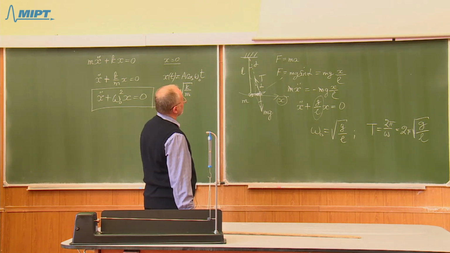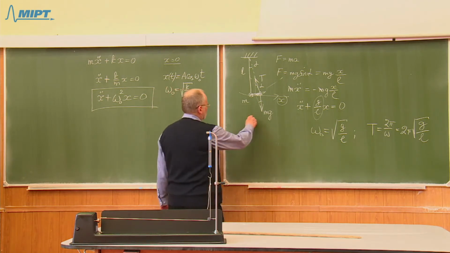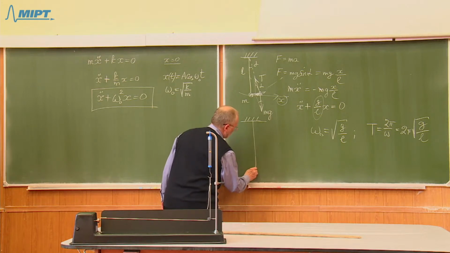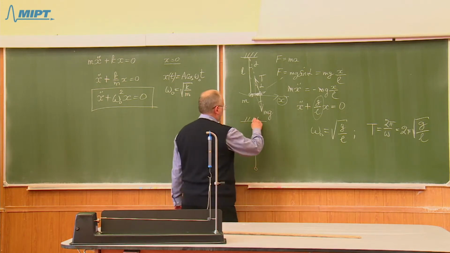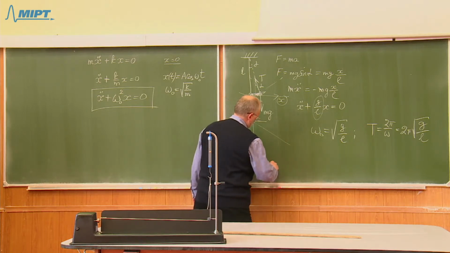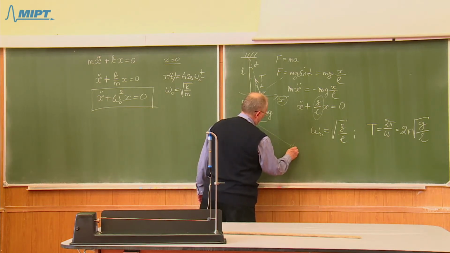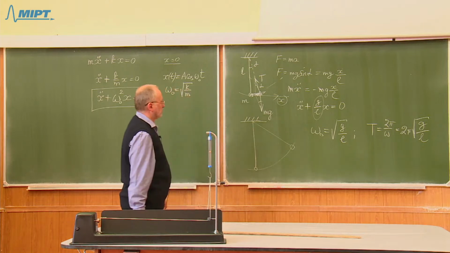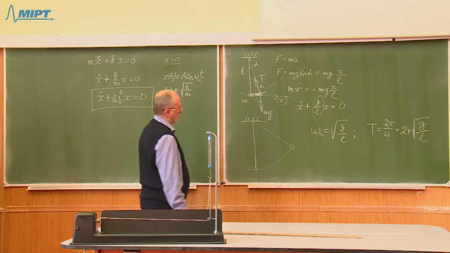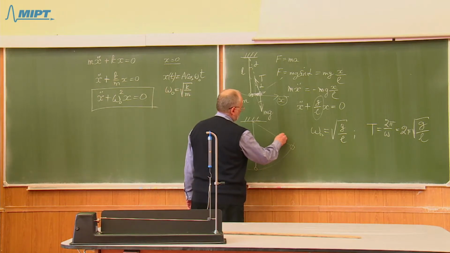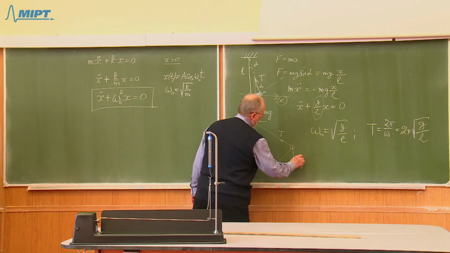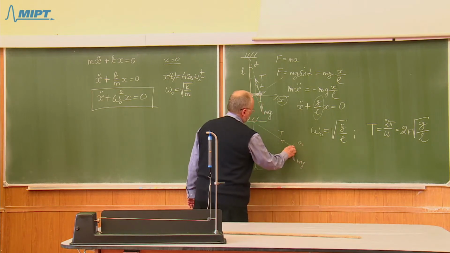So let's consider a large displacement. So this is the position of equilibrium, and I will consider a large displacement. This is the force of tension, and this is the force of gravity for a ball of mass m.